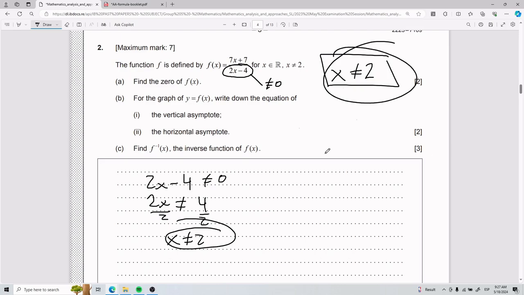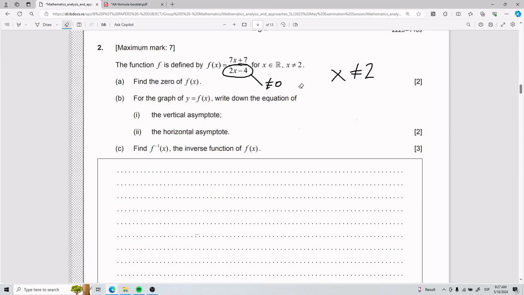That is where it comes from. The denominator cannot equal 0, so that means x cannot equal 2. So that is one classic example that restricts the values of x that you can take.